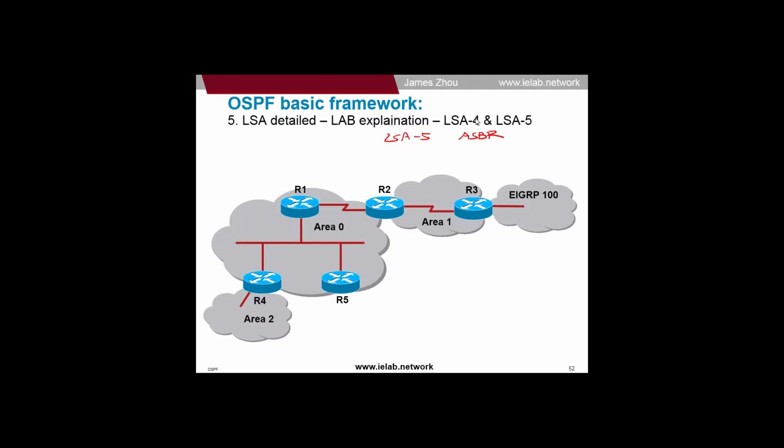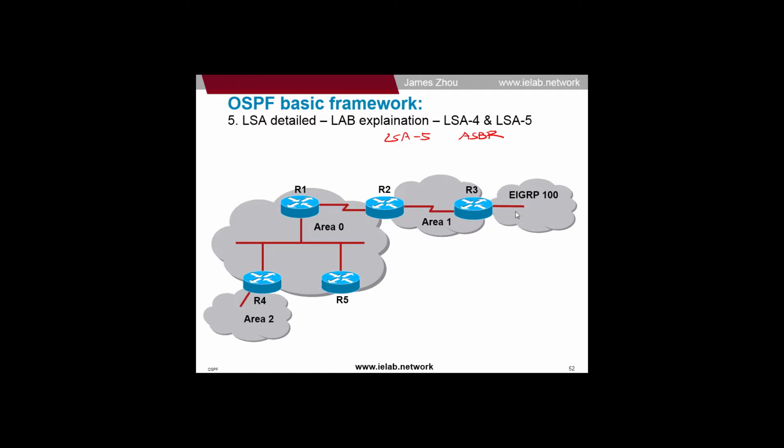Let me say again. Which router will be the ASBR? If a router is connected to protocols and has at least a redistribute action, even if it has no redistributed routes, this router will be the ASBR. We can do it.